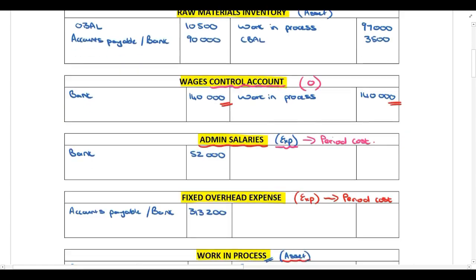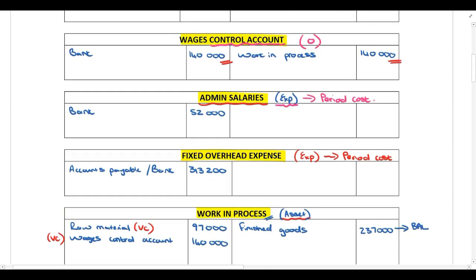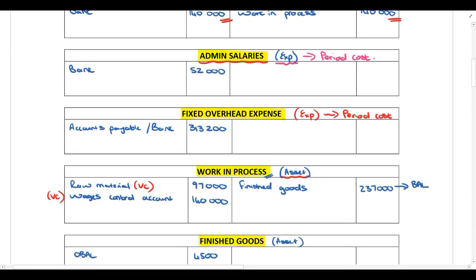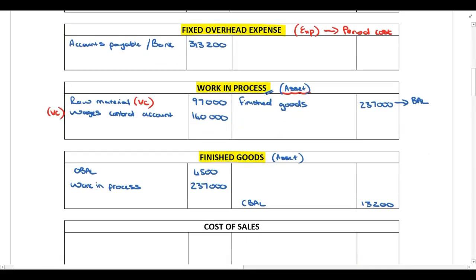Our wages control account balances to zero. For admin salaries, we are left with an expense of 52,000, which is correct. It's a period cost. It should be expensed in the period incurred. The same applies for your fixed overhead expense. We have an expense there of 313,200. Work in process balances to zero because everything was taken to finished goods.